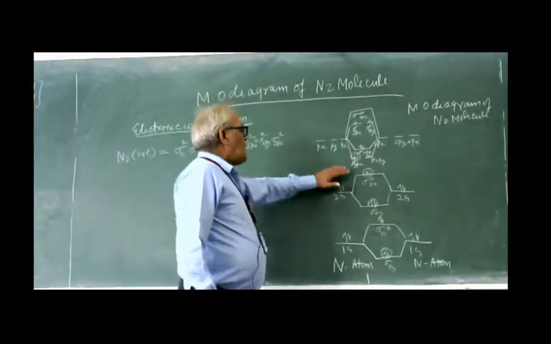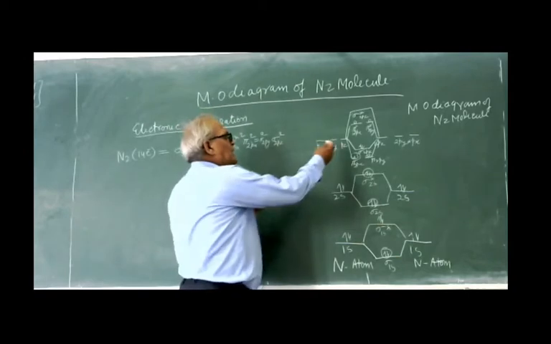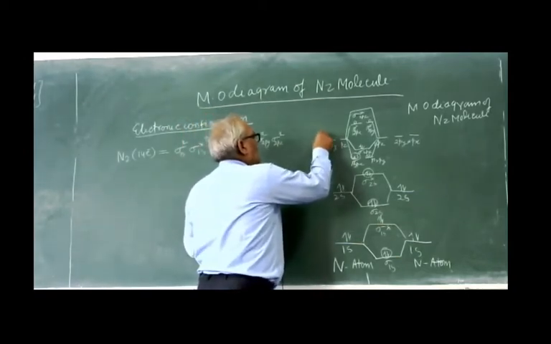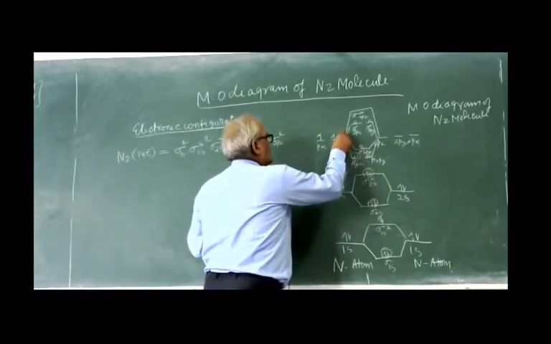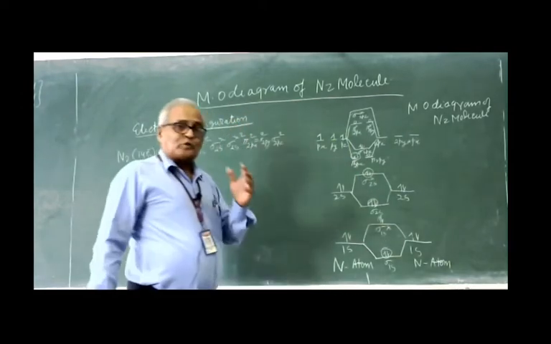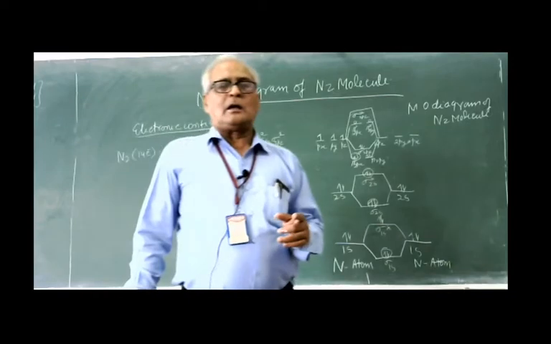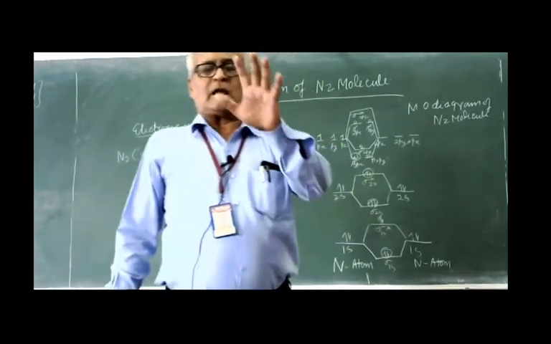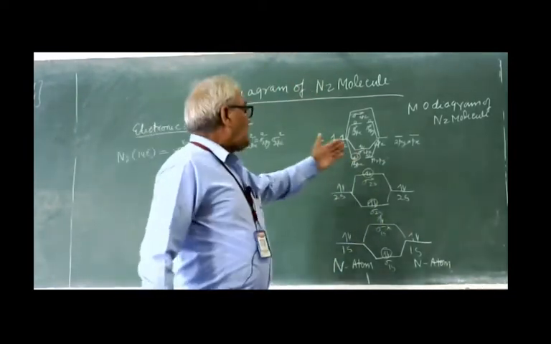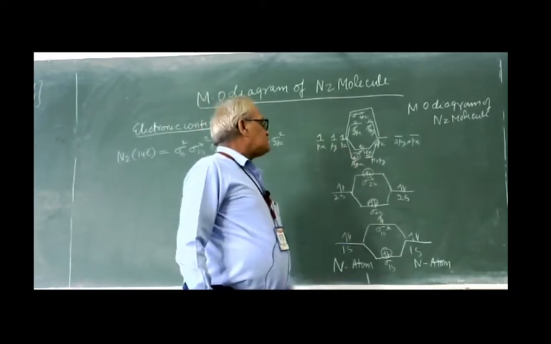So in this way, now come to the p orbital. In a nitrogen atom, the p orbitals contain 3 electrons: px, py, pz.